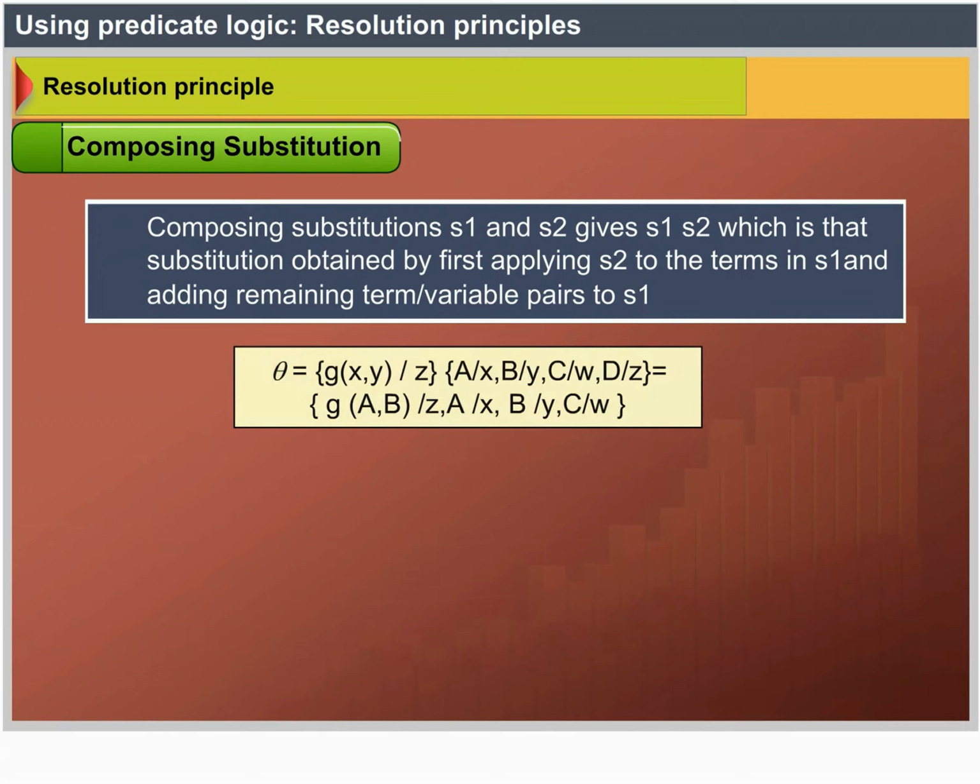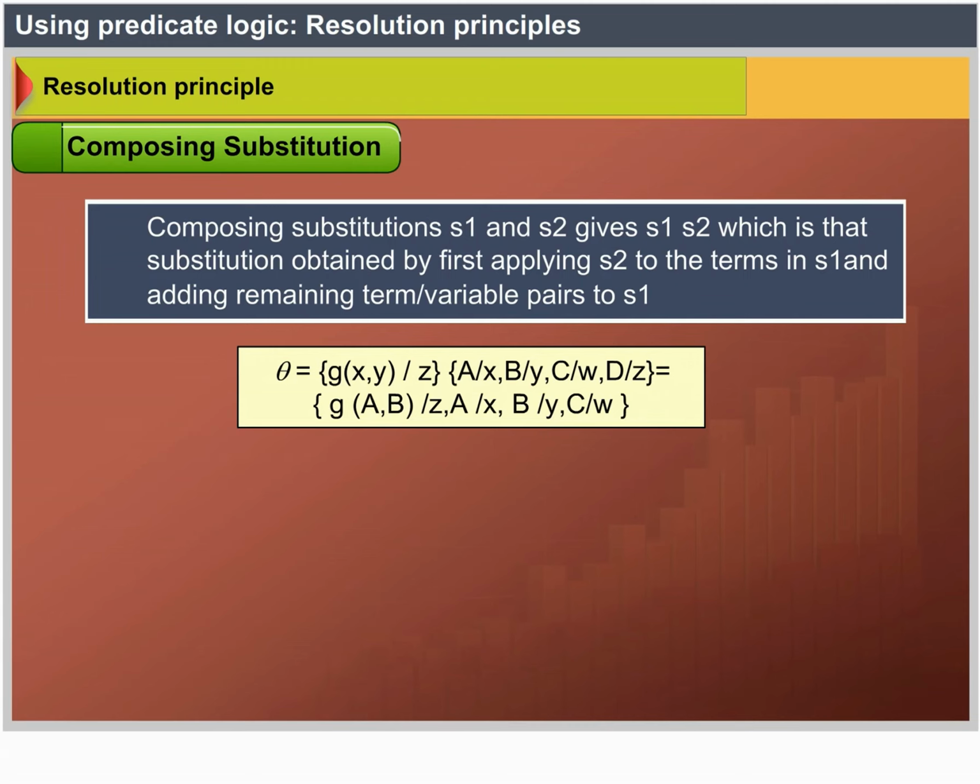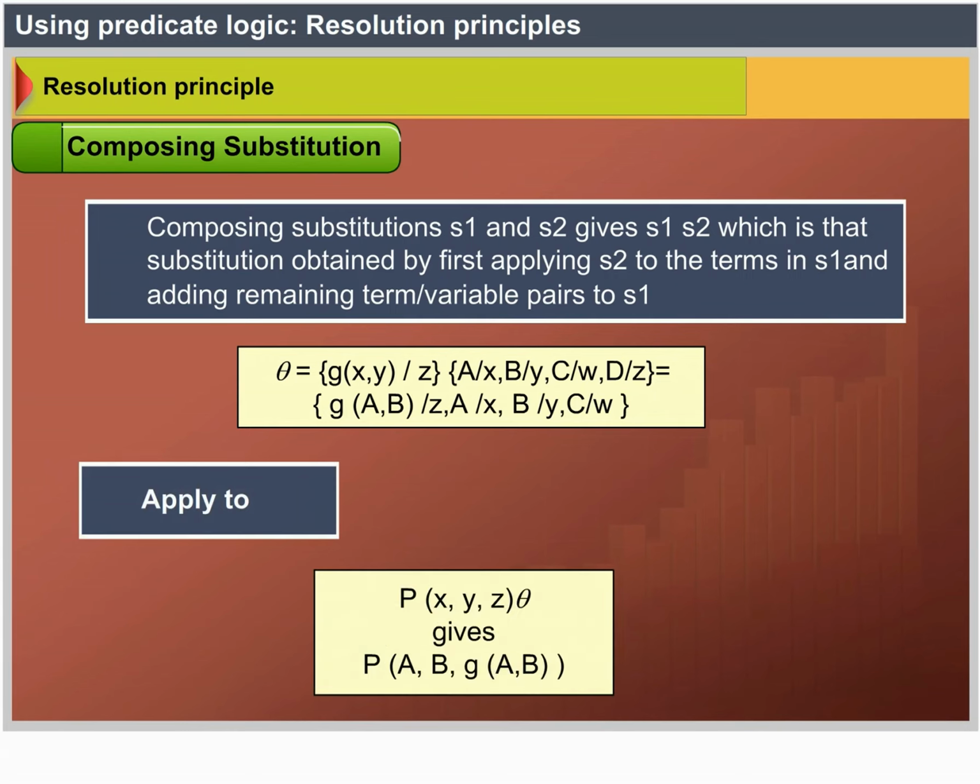Theta = {g(x, y)/z, a/x, b/y, c/w, d/z} = {g(a, b)/z, a/x, b/y, c/w}. Applying theta to P(x, y, z) gives P(a, b, g(a, b)).